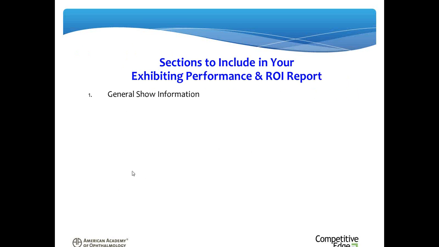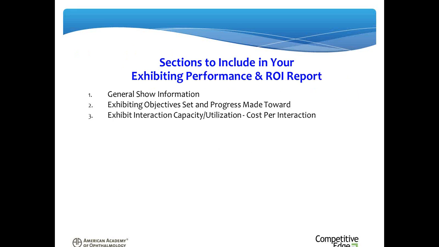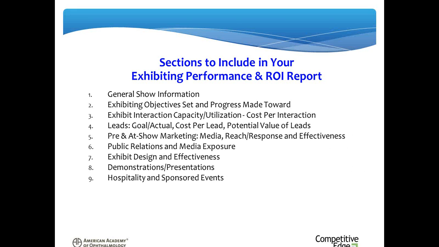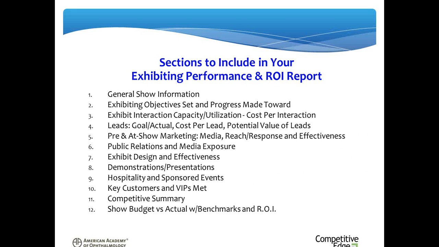All right, so final piece, and we'll hit some questions. The end game of inside the numbers and measuring and reporting performance and ROI is the creation of what I like to call an exhibiting performance and ROI report. You can see that this report has 13 sections to it. You don't have to get deep and super detailed here.